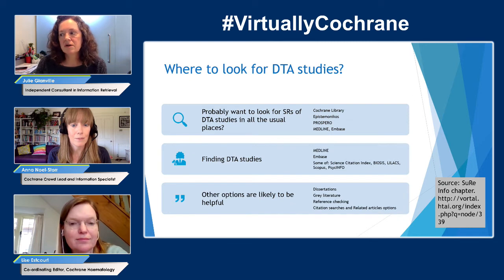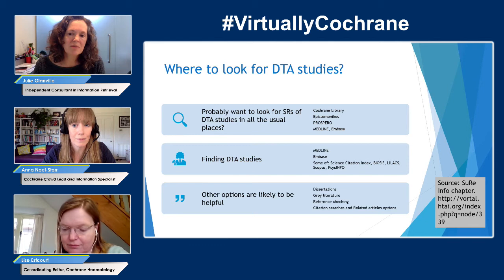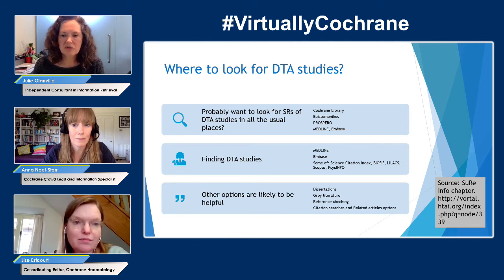These are approaches we're probably used to using from effectiveness reviews, but they also have a role in DTA reviews. A lot of this information is taken from a web chapter from the SuRe Info resource. I've given you the link there to the SuRe Info chapter, which is updated every 6 months with new research evidence on identifying DTA studies.